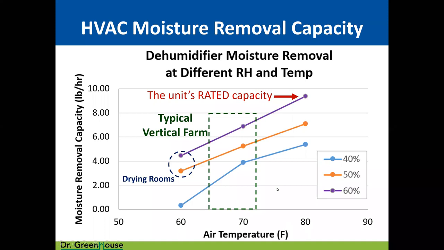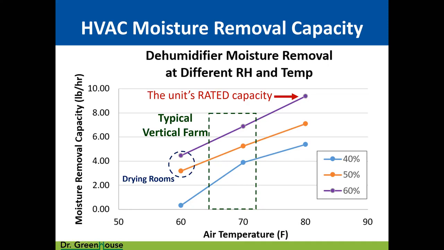And the moisture removal capacity of that equipment drops very quickly with different temperatures and different humidities. If you're in a vertical farm, you're kind of in this range, right? For this unit specifically, it has a capacity at this 80-60 up here of 9 pounds per hour.